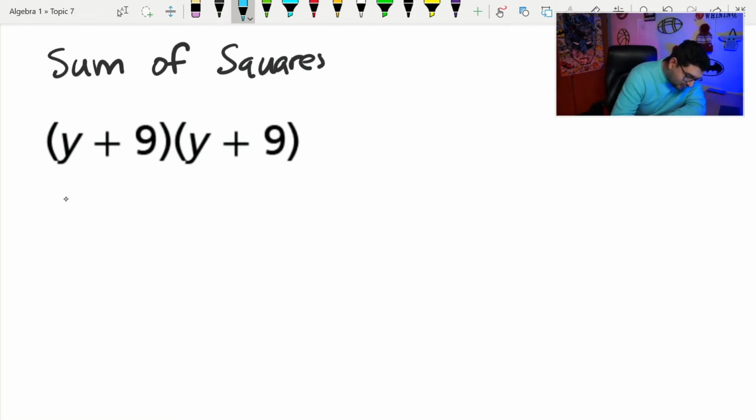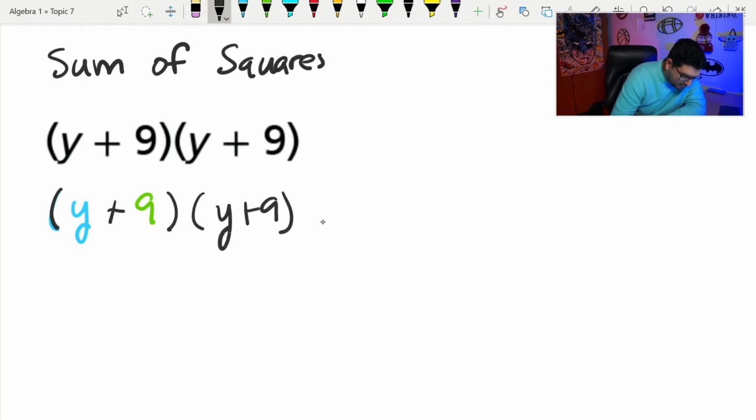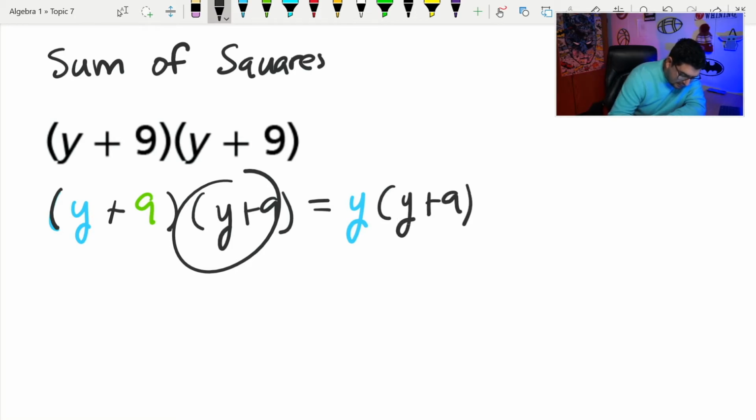So I'm going to rewrite the first one, y plus 9 times y plus 9. Remember, when we use the distributive property, we split this first one up into two pieces. So it's going to be y times this y plus 9, and then it's going to be that positive 9 times that y plus 9.